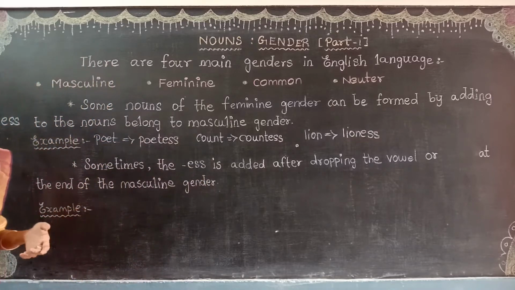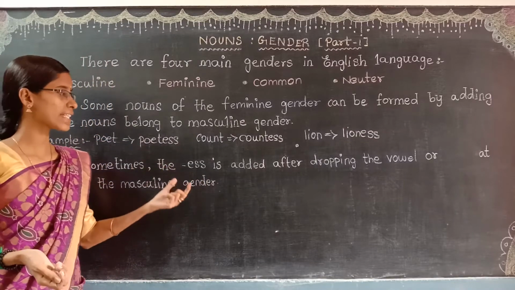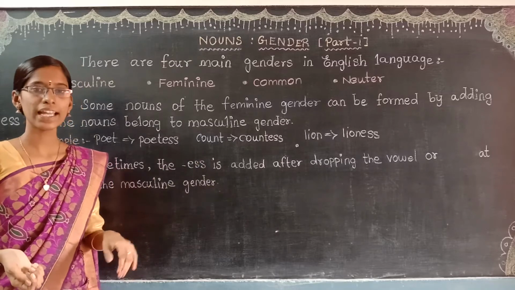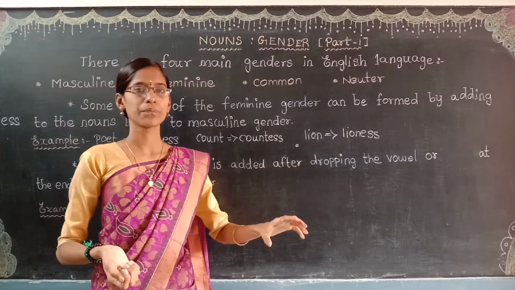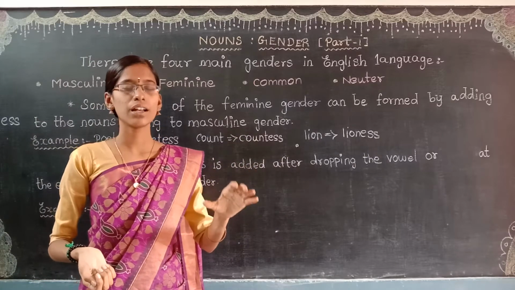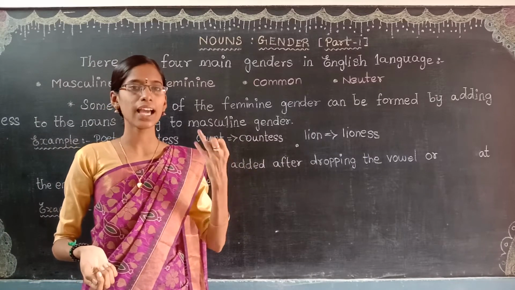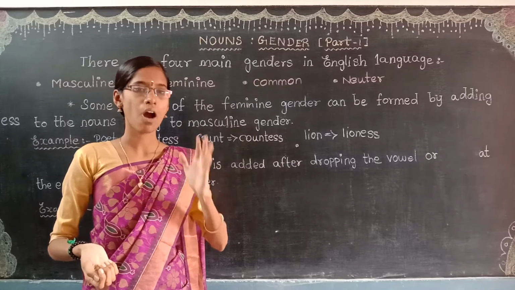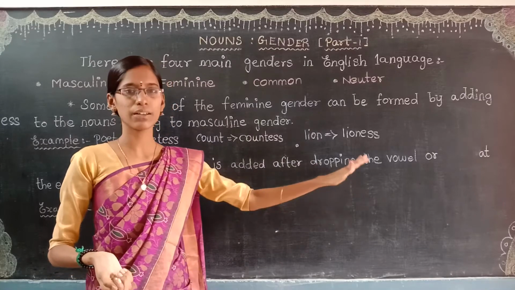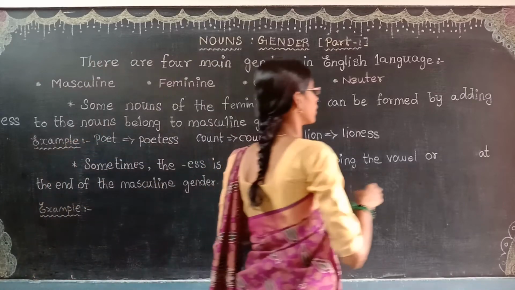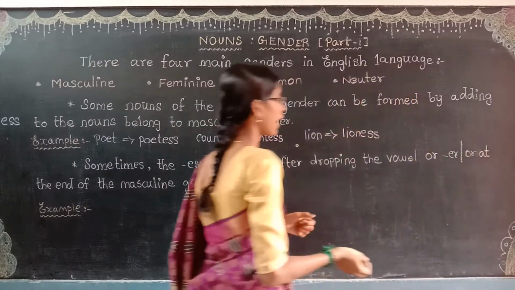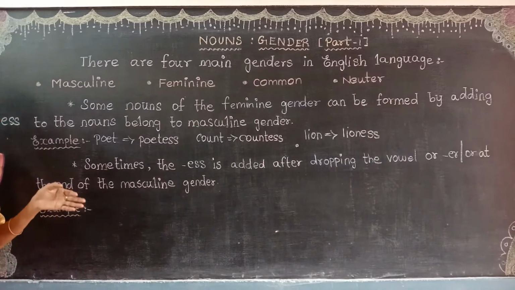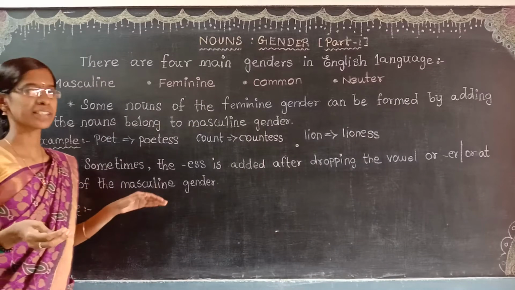Okay. Now coming to the second rule. What is the second rule given here? Sometimes the ESS is added after dropping the vowel. So what are the vowel letters? You know that A, E, I, O, U are known as vowels. So after dropping the vowel or removing ER or OR at the end of the masculine gender.